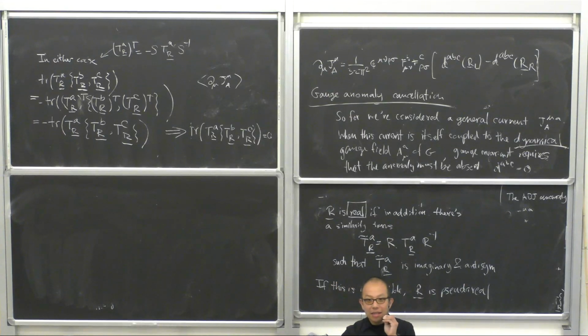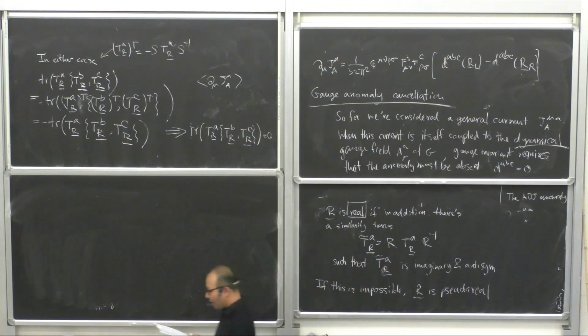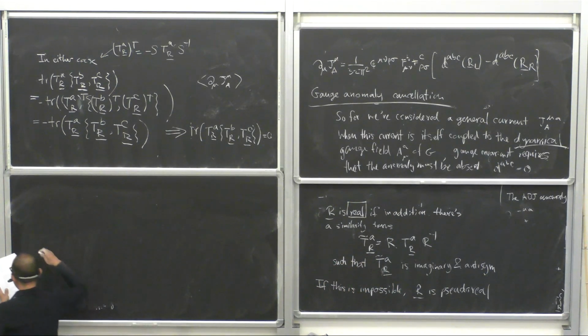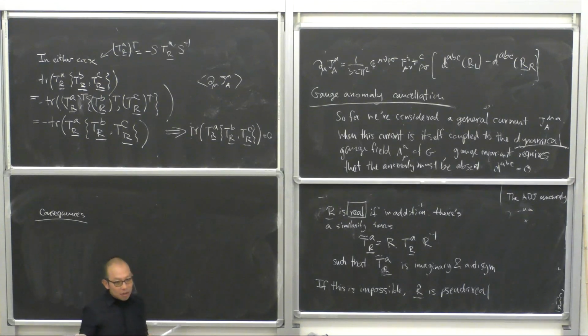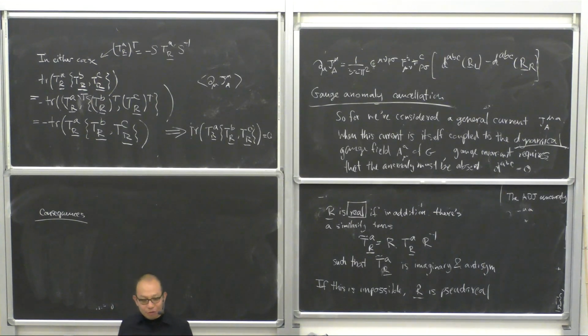Just to tell you, what I'm telling you here is back to the vintage era of anomalies. This is a very well-known part. Some of you might have read it in books somewhere. Now, we explore the consequences of what I just showed you, that the D^ABC vanishes whenever the representation is real or pseudo-real.